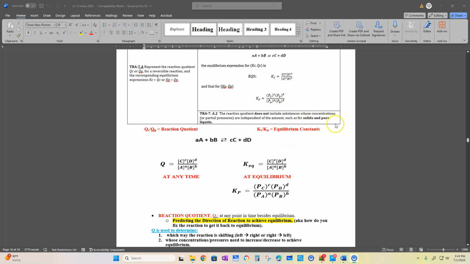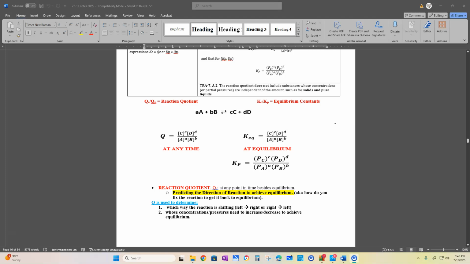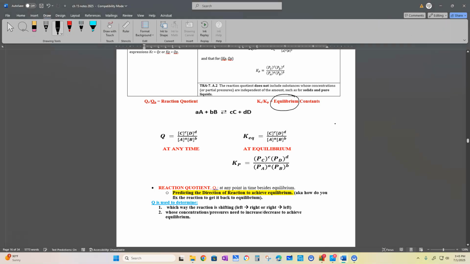Q versus K. One of them is the equilibrium constant, but the key part is you need equilibrium. Q is something called the reaction quotient. Q is any point in time but not equilibrium.